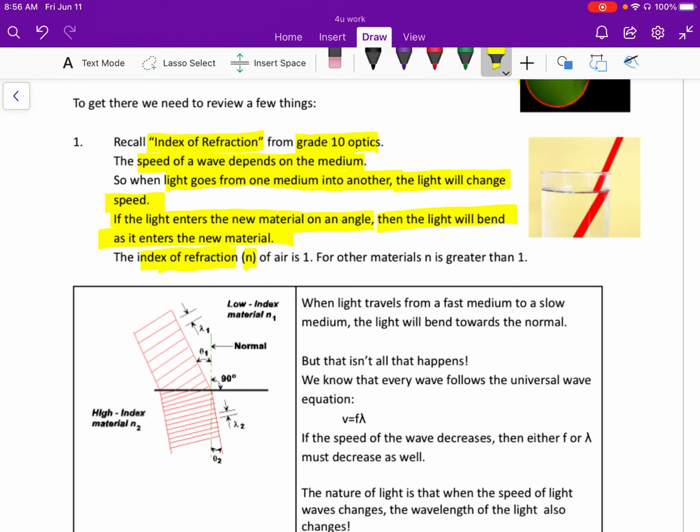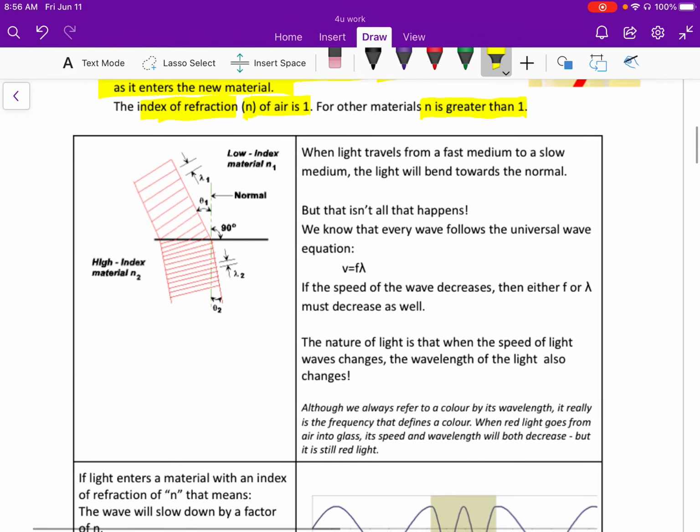So for air, we say the index of refraction is 1, and for every other material, since light slows down in those other materials, the index is going to be greater than 1. Like if we had a material whose index of refraction was exactly 2, that means that the speed of light in that material is half as fast as what it was in air or vacuum.